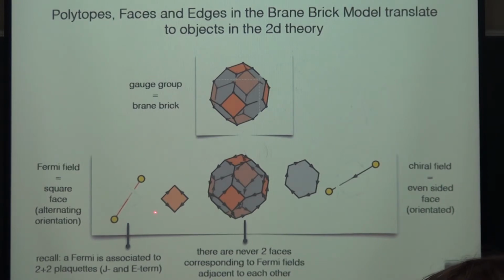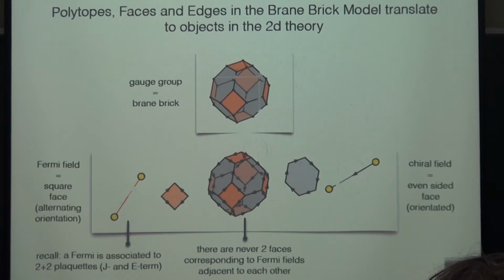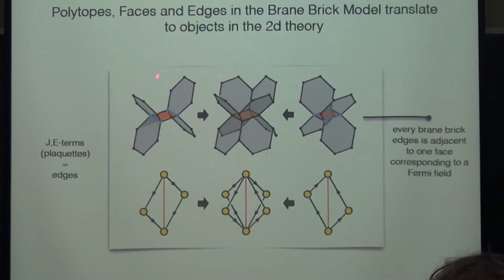We claim that the dictionary here is that square faces of such polytopes always correspond to Fermi multiplets of my theory, and other different sized even-sided faces of these polytopes correspond to chiral multiplets of my theory. The special thing here is that I now also have one-dimensional objects, which are the edges of the polytopes in this three-dimensional tessellation. And these edges can be mapped to either a J or E term relation of my fields.